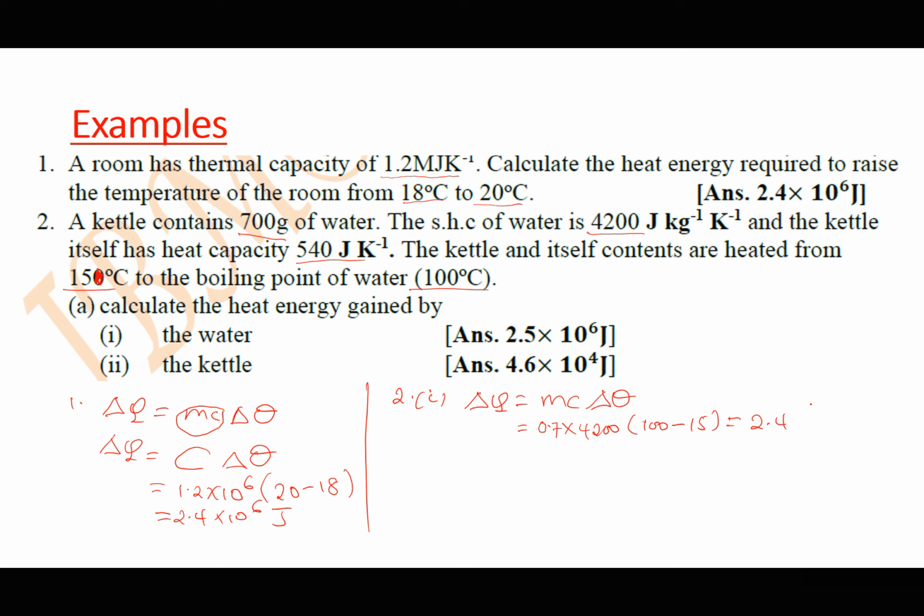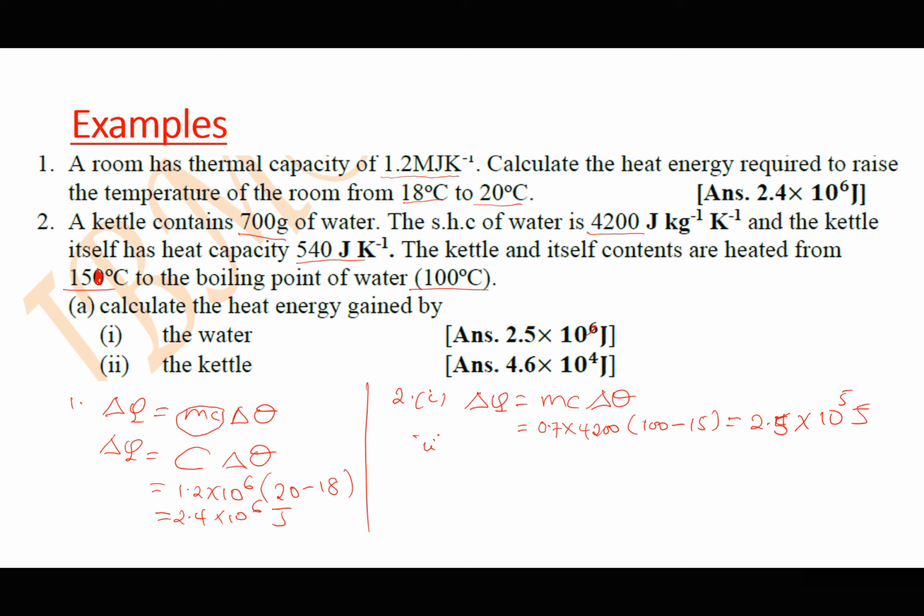Actually, it is 2.499 or 2.5 times 10 power 5 joules. So that is 2.5 times 10 power 5 joules. 0.7 times 4,200 times 85. Yeah, 2.5 times 10 power 5 joules. So this is wrong. The power is wrong.